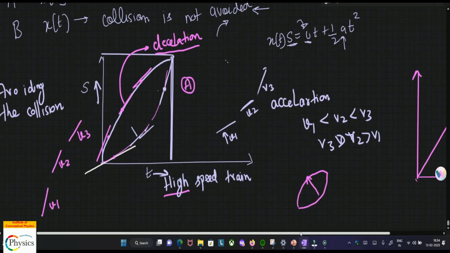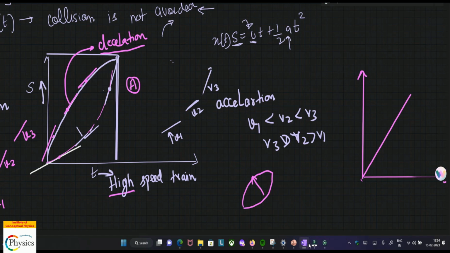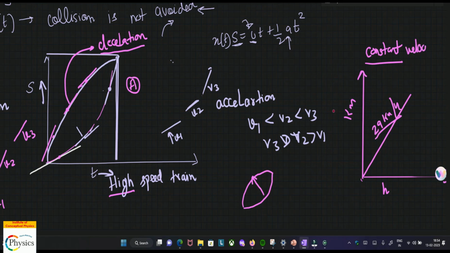So the slope is 29. If this is in kilometers and this is in hours, the slope is 29 kilometers per hour, right? So this is the constant, uniform motion only, right? So constant velocity, straight line, or constant speed, and this is it, right?